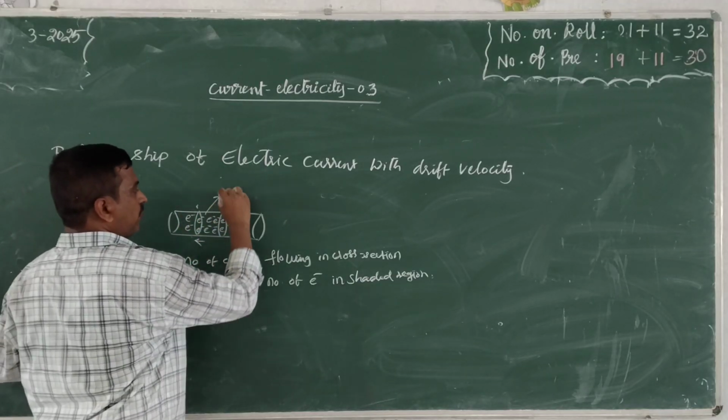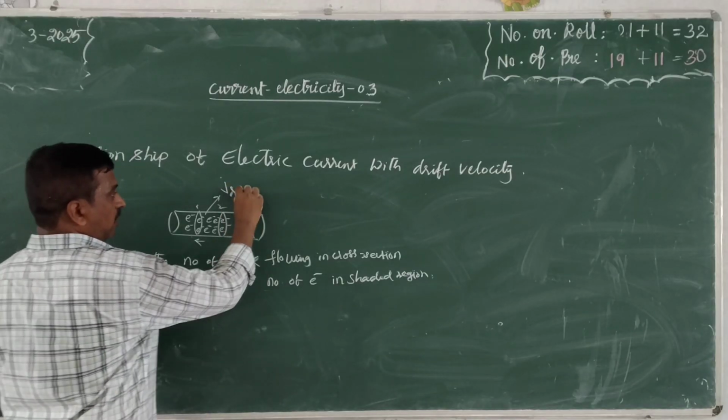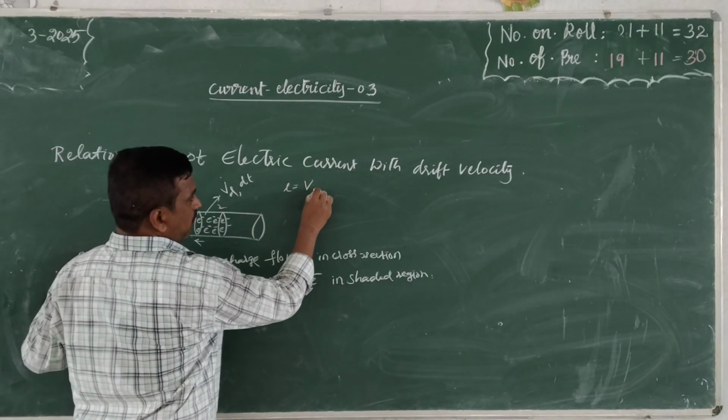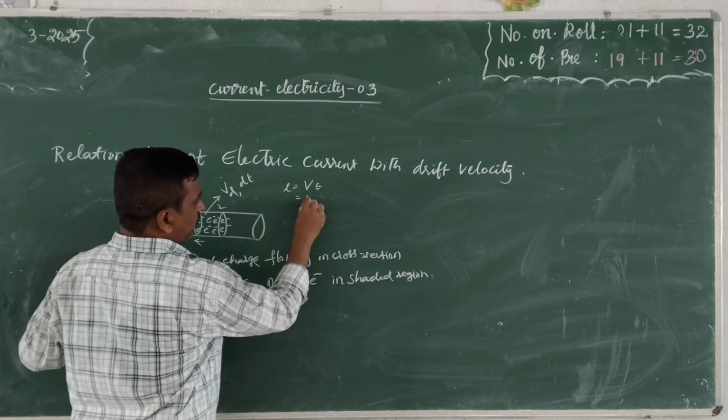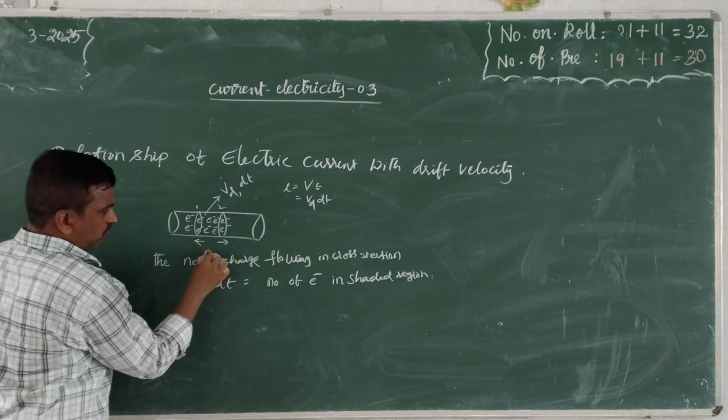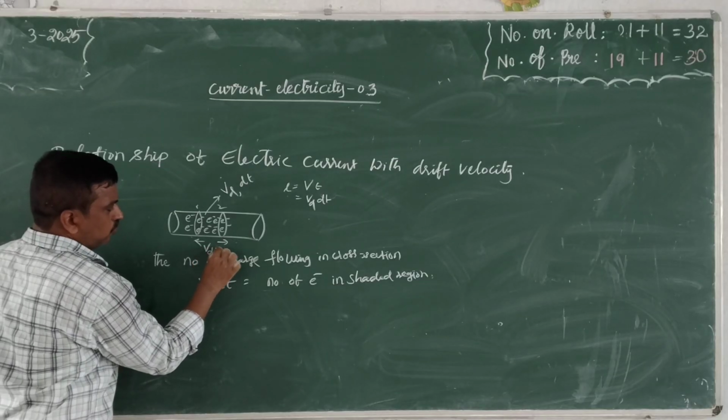These electrons are moving with Vd, the drift velocity, for dt time. So length equals speed into time. What is the speed here? Vd, and time is dt, so this distance is Vd into dt.